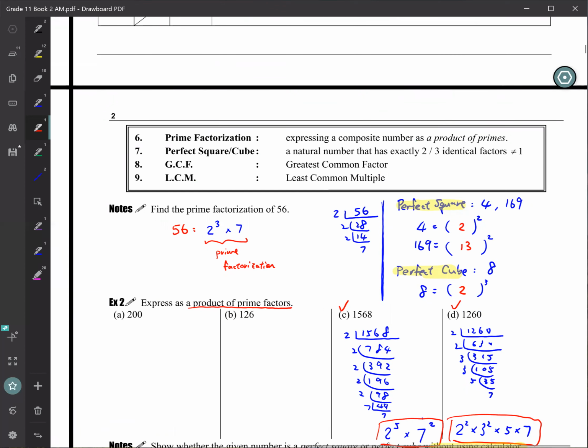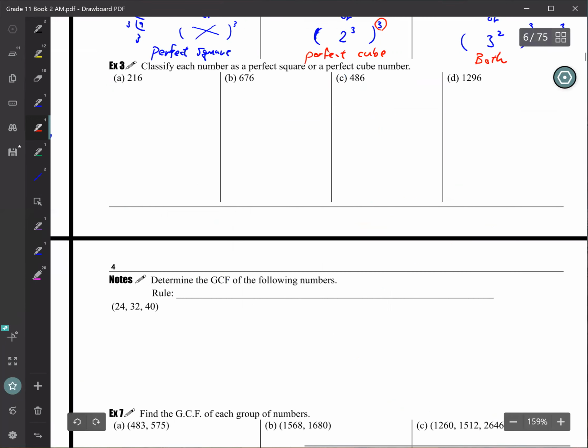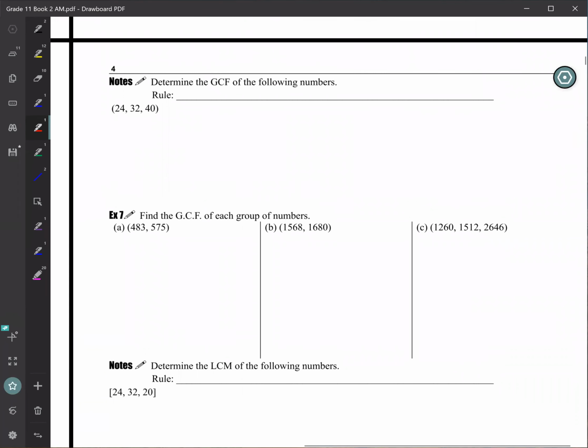Number 7, we can use it to find perfect square, perfect cube. Number 8 and 9, LCM and GCF. So the rule to do that, first, let's break it down. GCF stands for what? Does anyone remember? Eric, what does GCF stand for? Greatest common factor. Yeah, very good. Okay, so let's write that down first.